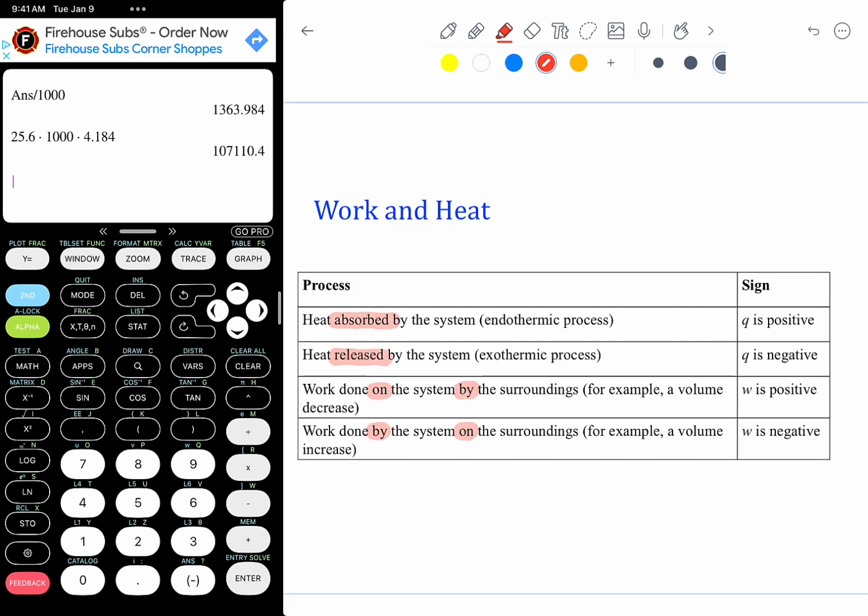So we can use this notation and this language of being absorbed, released, on the system, by the surroundings, by the system, on the surroundings. We can use that to tell us how the internal energy is going to change for a given system, whether we're given values to calculate that or not.